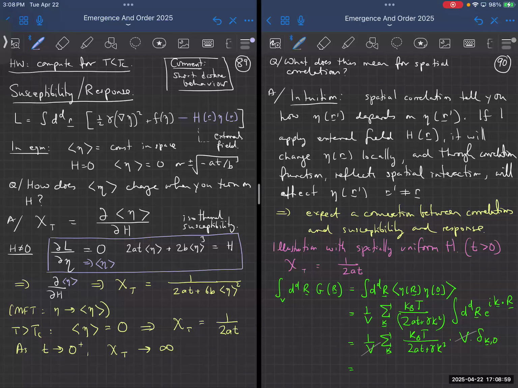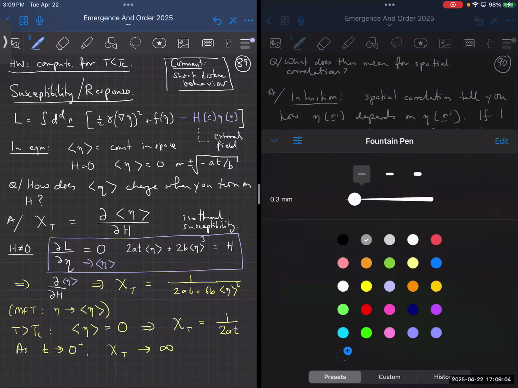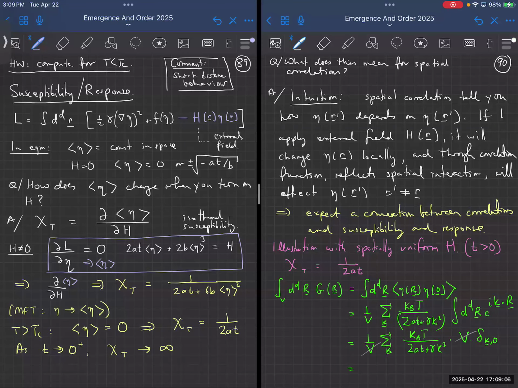And then the k is equal to 0. So I just set k equal to 0 in here. And then what I end up with is this thing is equal to k_B T over 2AT. And this you can see is k_B T times the isothermal susceptibility.